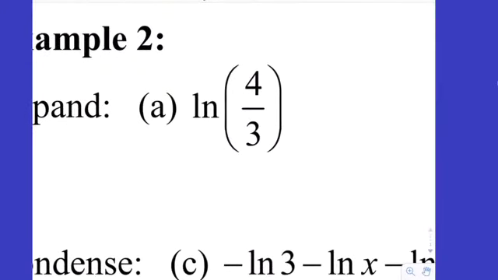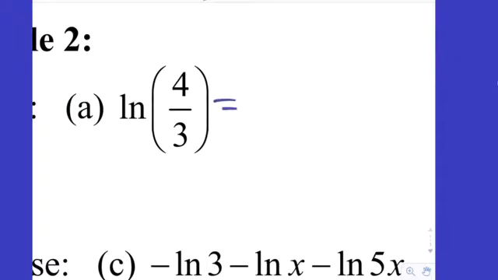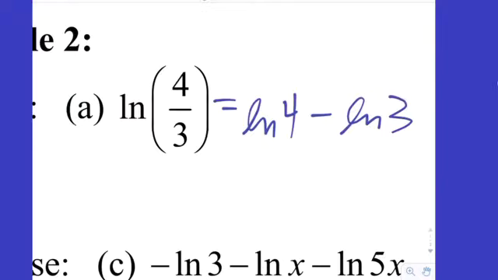The natural log of 4/3. That should equal what if we expand it? Natural log of 4 minus natural log of 3? That's exactly right. Easy, easy, easy.